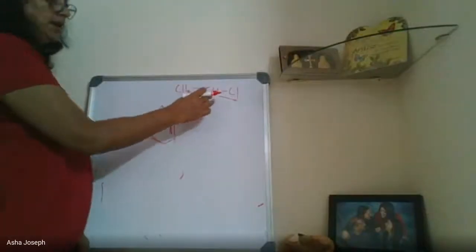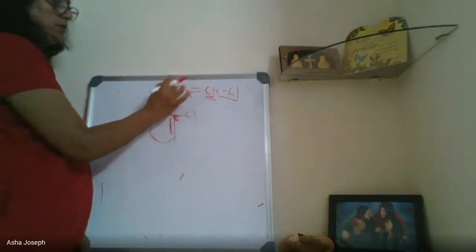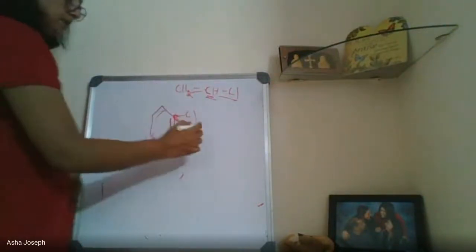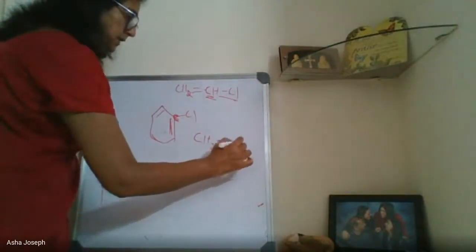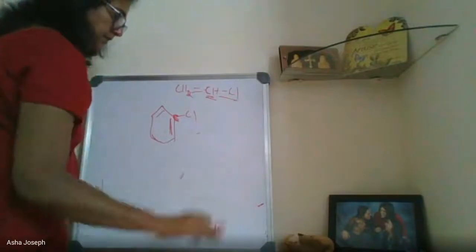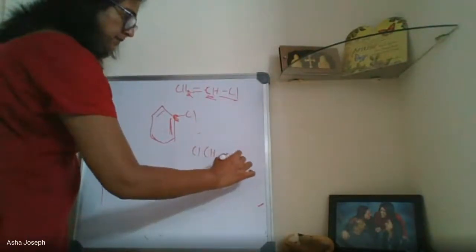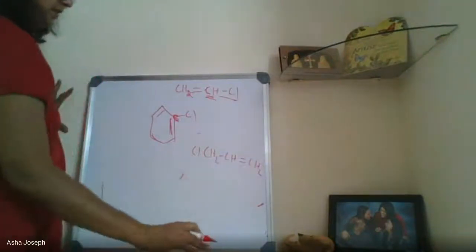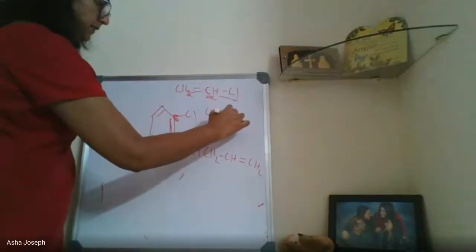See, allylic means the carbon connected to the halogen, the double bond was on the adjacent carbon. This was allylic. CH2 double bond CH. Or in this way also we can write, then it is easy for you.